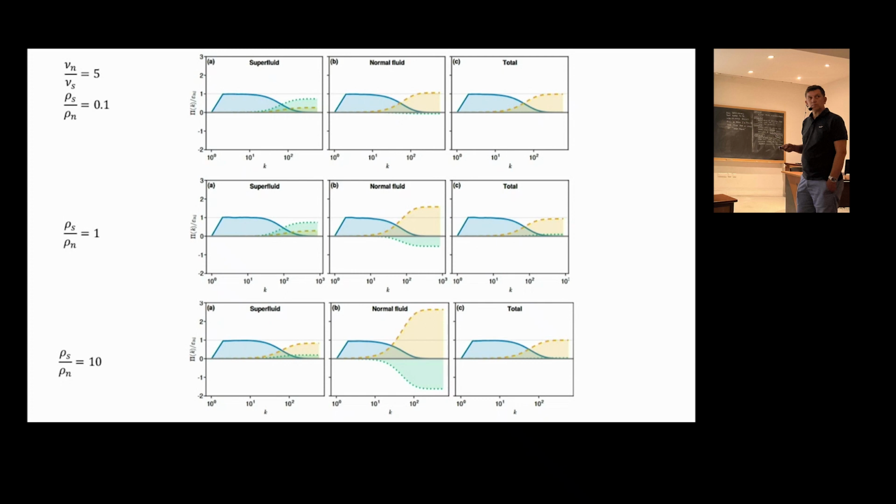Actually, we did not investigate the whole range of possible mass density ratios, but we made tests with a ratio of the order of 50, and this picture was still valid.